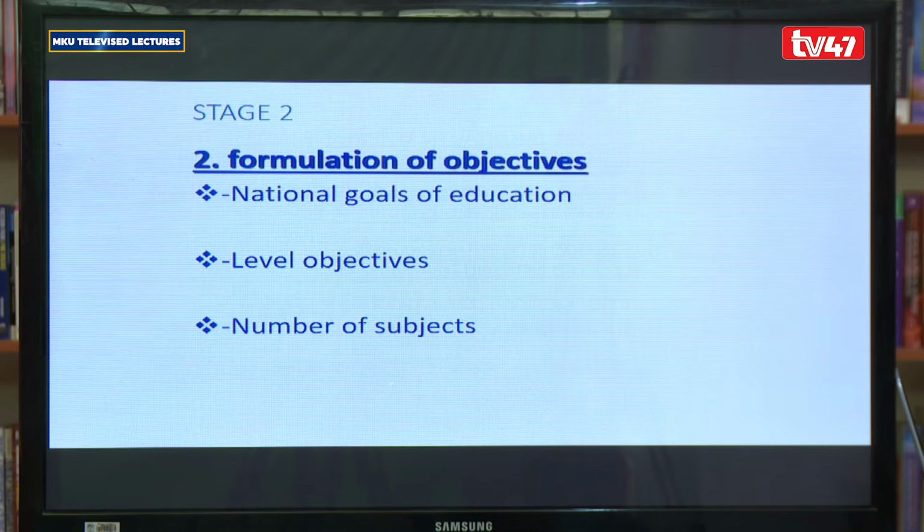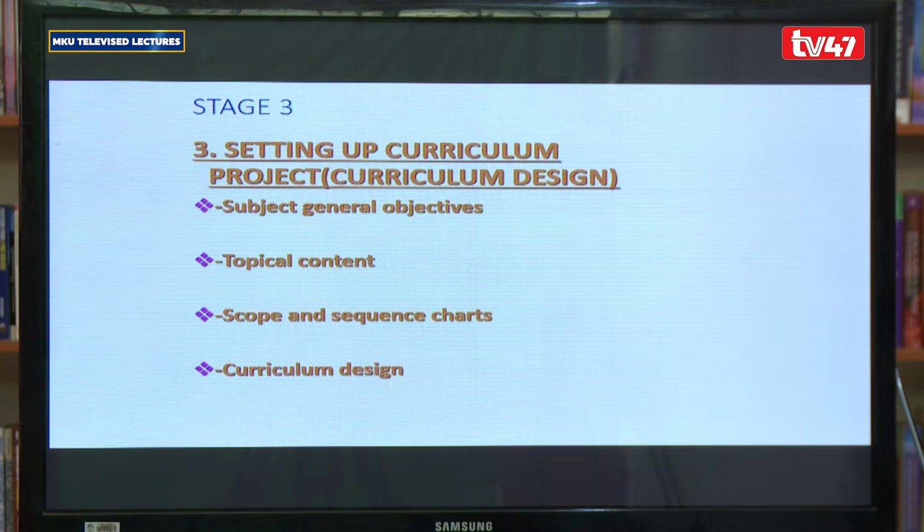Then once that has been done and the report has been disseminated, the second stage is formulation of objectives. Now for the formulation of the objectives, it will involve the national goals of education. We must put that into perspective. We must also consider the level of objectives and the number of subjects that are to be taught.